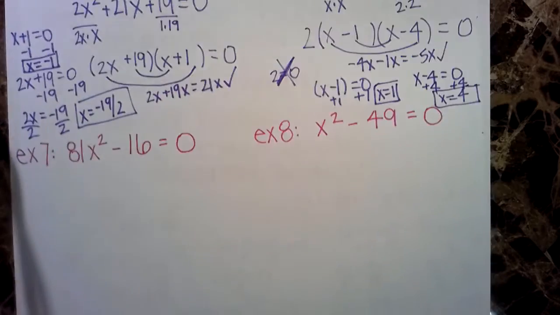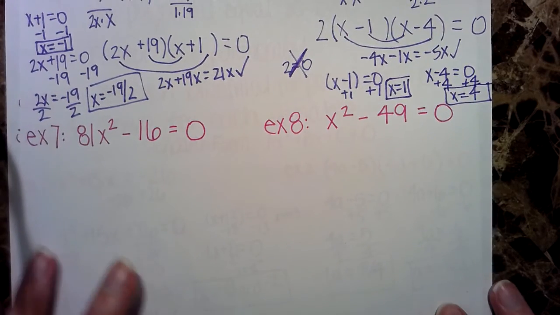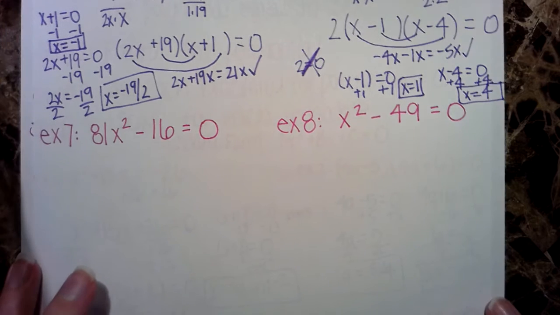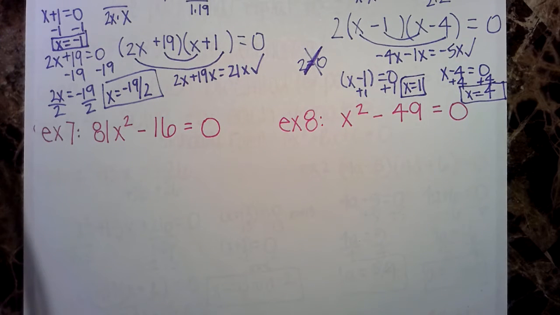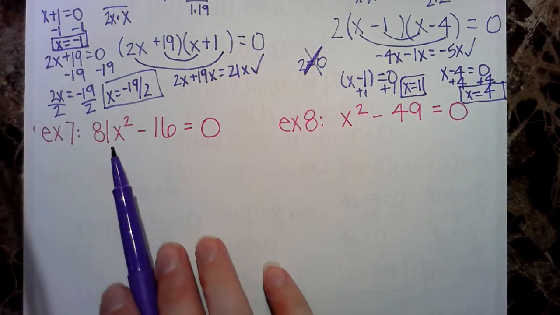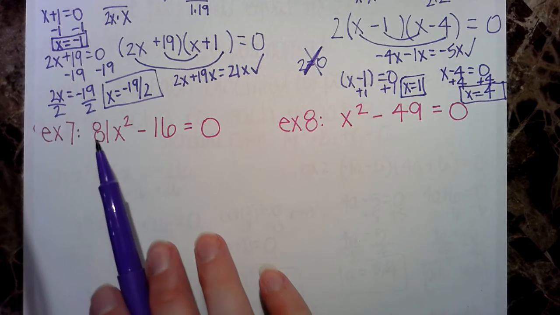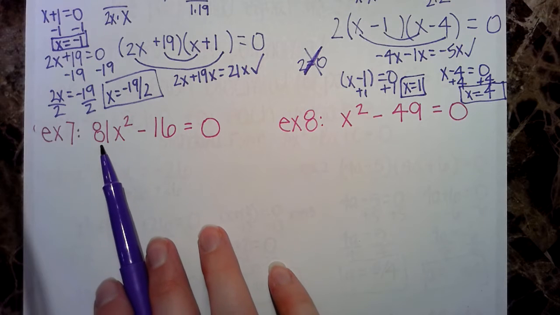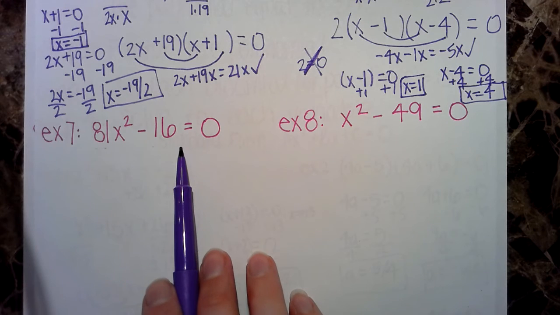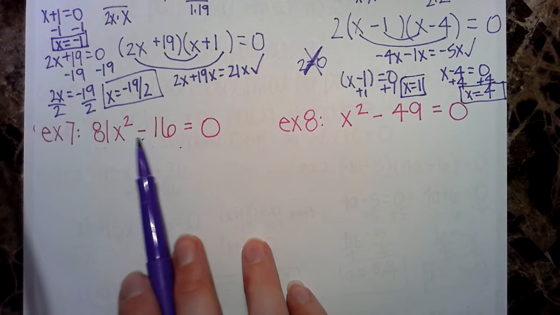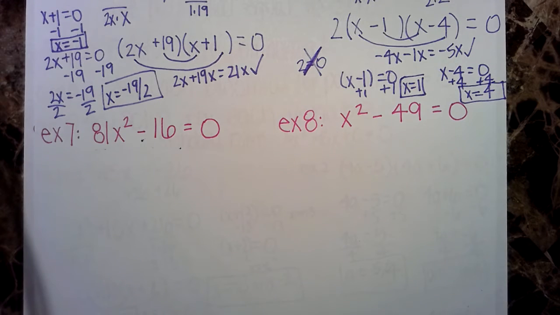Okay. Now, these two are special cases, and this goes back to these are the difference of two perfect squares. And you're going to notice they're a little bit different because they don't have the b value. And so what I'm going to do is I notice that 81 and 16 are perfect squares, and there's a minus sign. That is called a difference of two perfect squares.